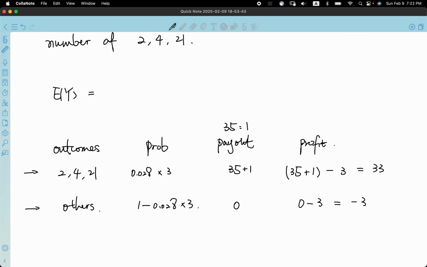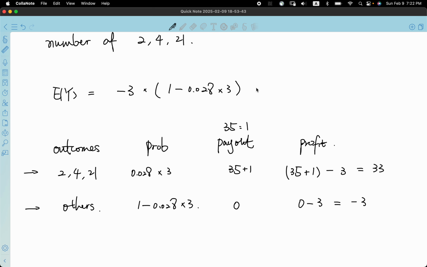So this will complete our table for all the possible outcomes, probabilities, and profits. And now we are ready to calculate the expected profit. For the losing case, we have the profit equal to -3 multiplied by the probability of the ball landing on all other numbers, which is 1 minus 0.028 multiplied by 3.